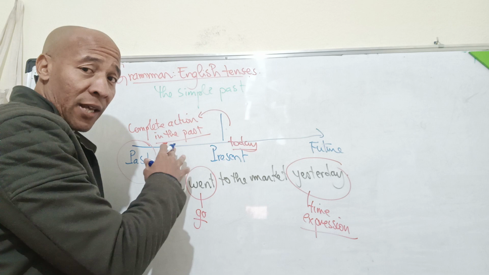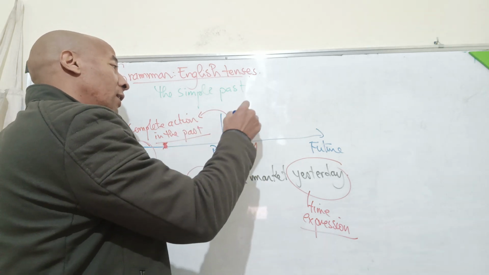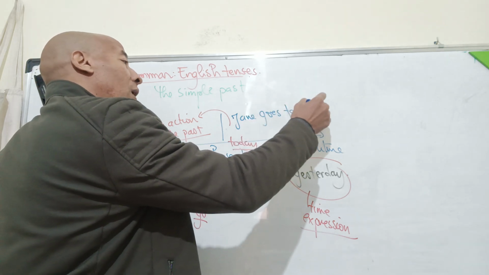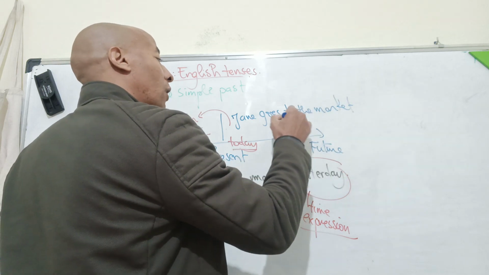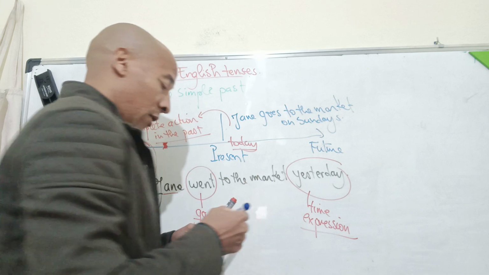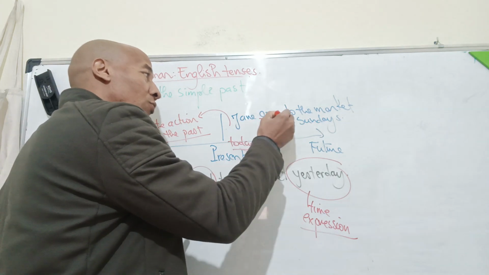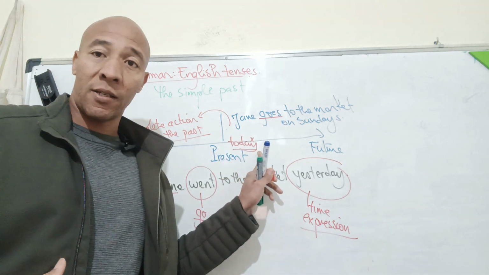So in the present, I would say I go to the market, or Jane. Let's compare this action with a present action. So we can say Jane goes to the market on, let's say, Sundays. So here we have Jane goes, which is an action that takes place now.